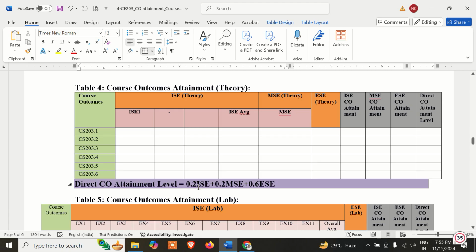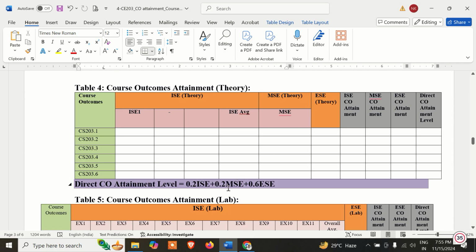And then while doing the direct assessment CO attainment, the weightage given for ISC is 0.2. So whatever is your ISC attainment in the in-semester exam, before we calculate the CO attainment, the weightage given to ISC components is only 0.2.